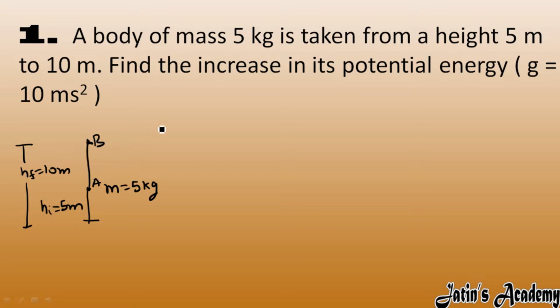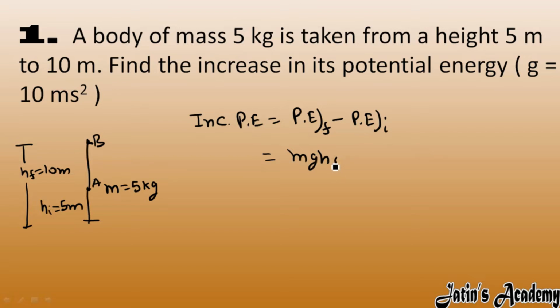Basically we have to find the increase in potential energy. Increase in potential energy is final potential energy minus initial potential energy. Final potential energy is mgh final minus mgh initial. Mass is 5 kg, g is 10, and final height is 10 meter.